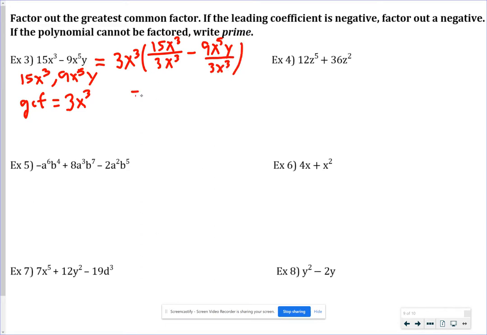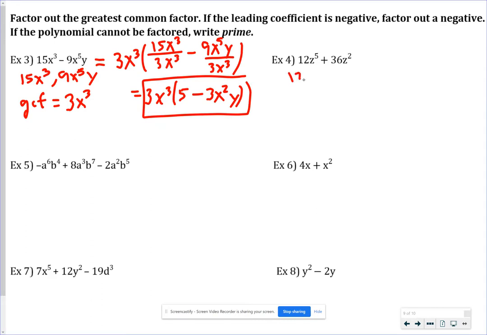We're going to simplify those fractions. 15 divided by 3 is 5. x to the third divided by x to the third is 1, so they disappear. 9 divided by 3 is 3. x to the fifth divided by x to the third is x squared. And we are done: 3x to the third times 5 minus 3x squared y. If you redistribute, you'd find out that it does work.